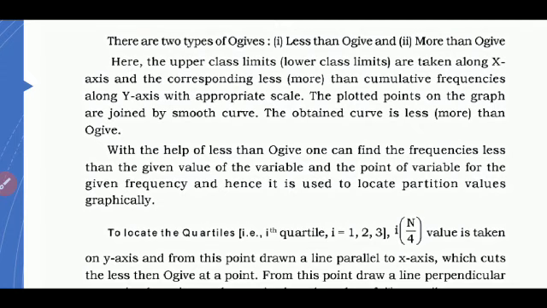So what are the things you have to remember to calculate less than ogive and more than ogive? First and foremost, 20, 30, 40, 50, 60, 70, 80 are known as the upper limits. For less than, you require the upper limits and the LCF, that is less than cumulative frequencies.